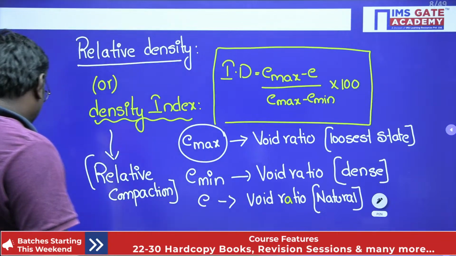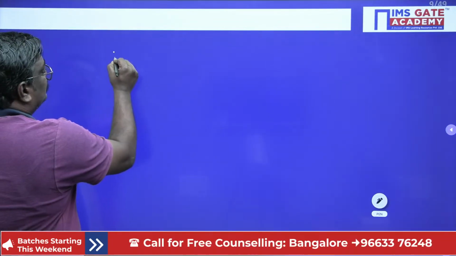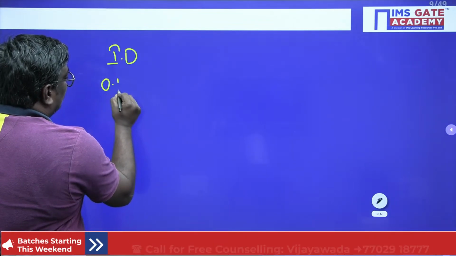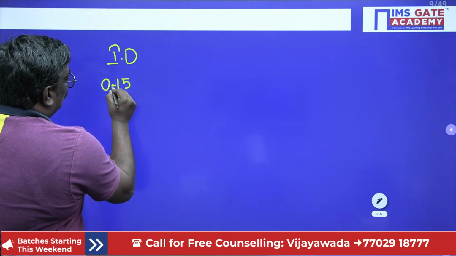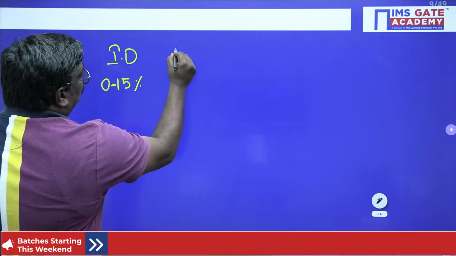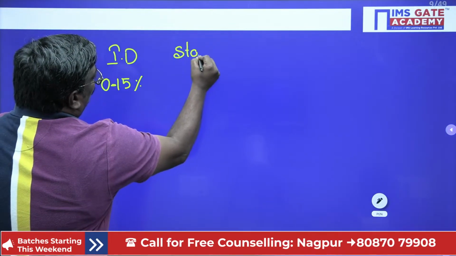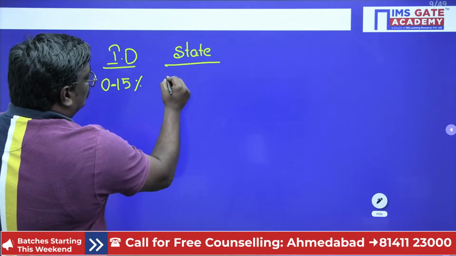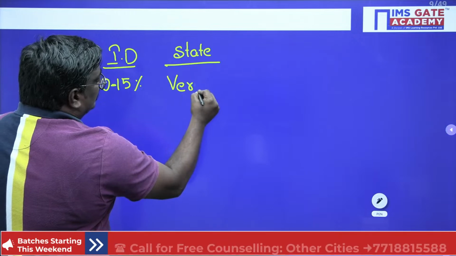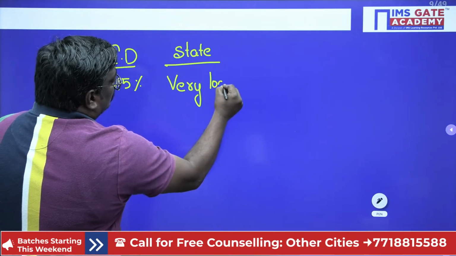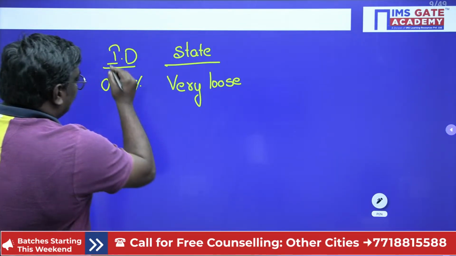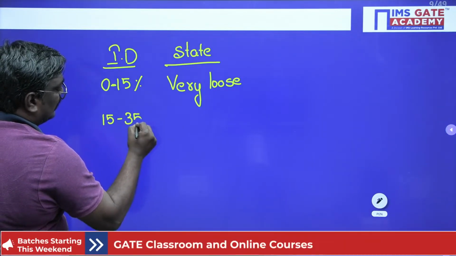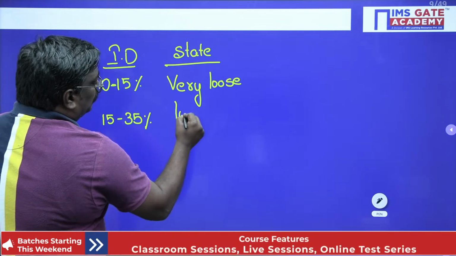Now see students, based on the relative density, we can also classify soils using a table. If the relative density value is 0 to 15 percent, the state of the soil is very loose. If the density index is 15 to 35 percent, the soil is loose.